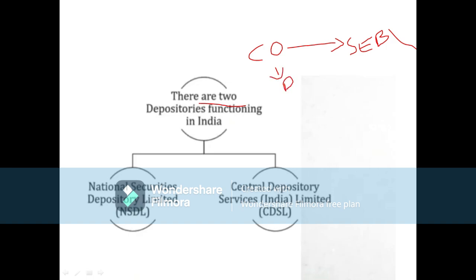In India, we have two depositories. What are those? One is NSDL and the other is CDSL. NSDL means National Securities Depository Limited, and the other is Central Depository Services Limited. These are the two basic depositories in India.